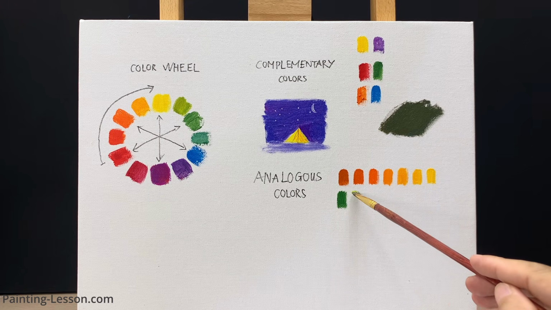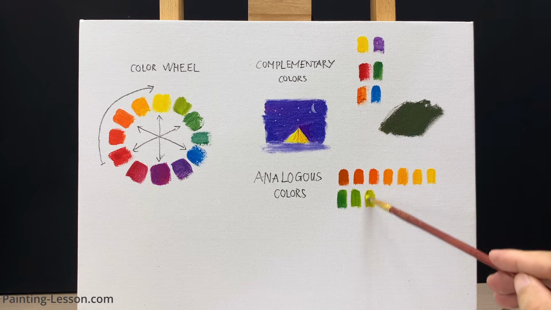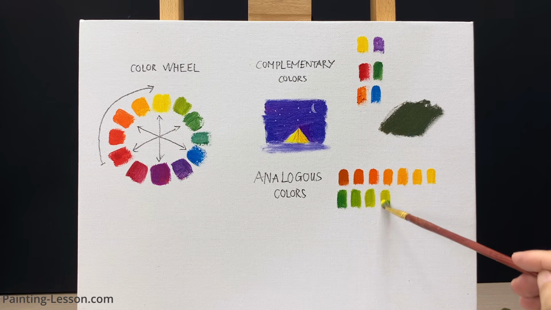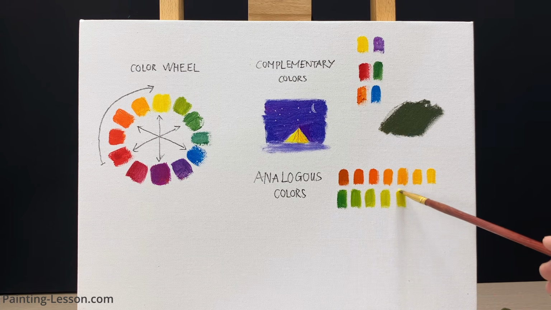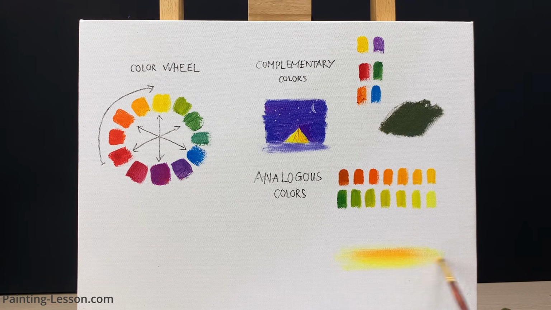Analogous color schemes are known for their ability to convey a sense of balance and naturalness. I will paint a sunrise sky, using analogous colors to blend and create a soothing visual.